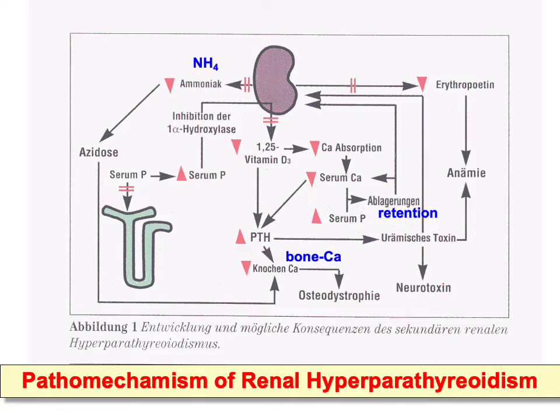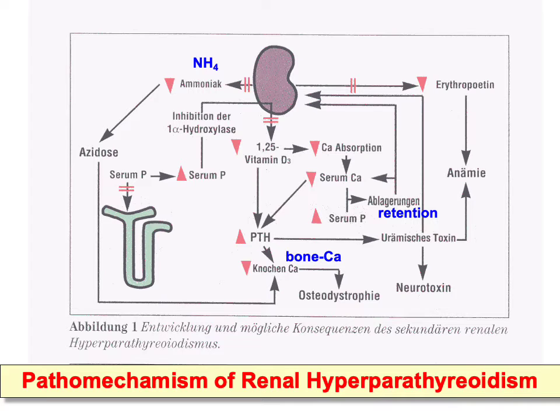But the really active vitamin D3 is the 1,25-dihydroxycholecalciferol, and this enzyme would be active in the kidney tissue, but the high serum phosphate will inhibit it.